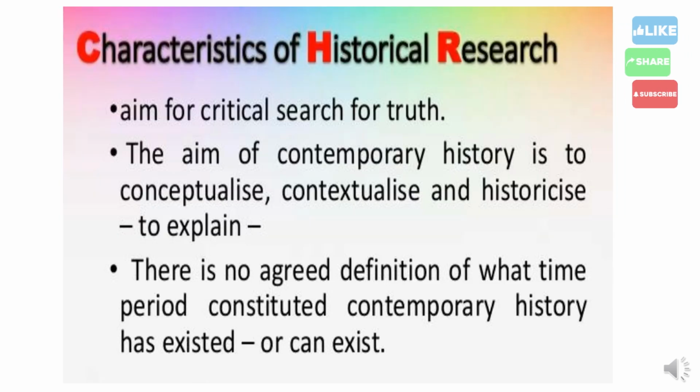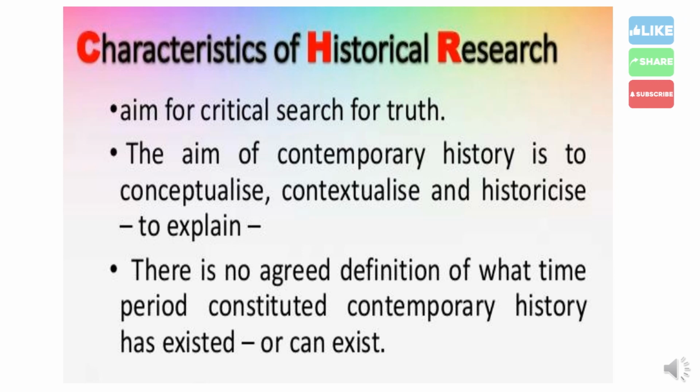There are some characteristics of historical research, like the aim of a critical search for truth, and the aim of contemporary history is to conceptualize, contextualize, and historicize to explain it. Now, there is no agreed definition of what time period constitutes contemporary history.